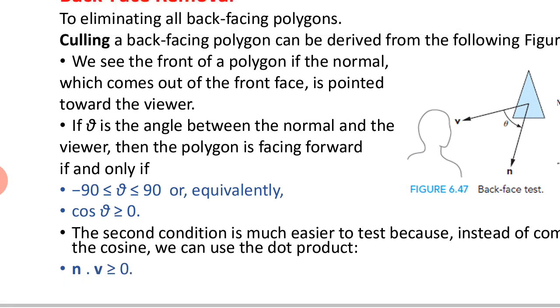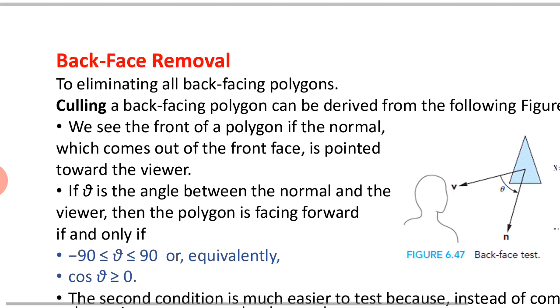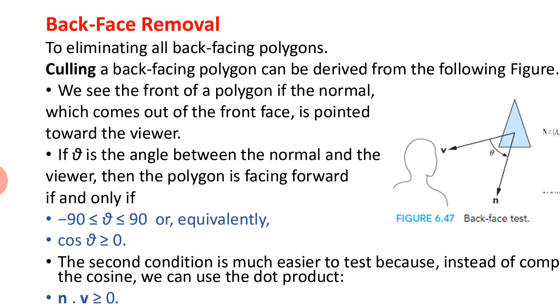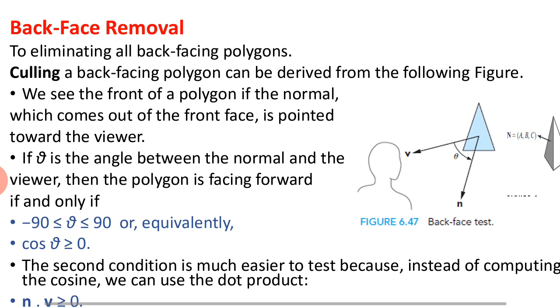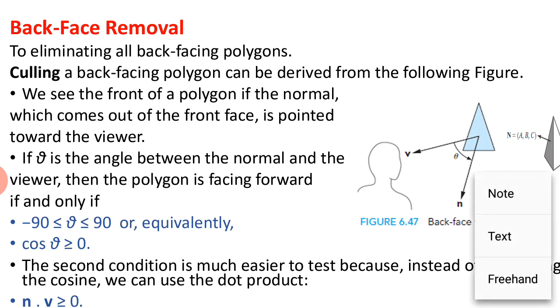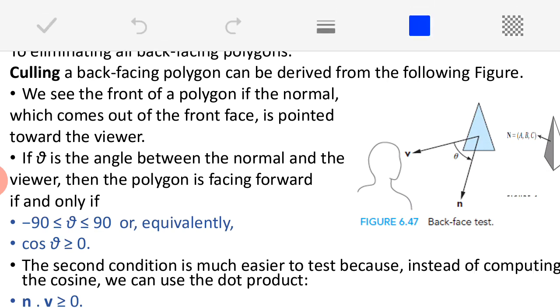Is it clear? So, this is the concept of back face removal. I will just repeat the logic, it is very simple. Here, for example, I want to check whether this face is front or back. First I will draw one normal, and then this is the viewing direction.